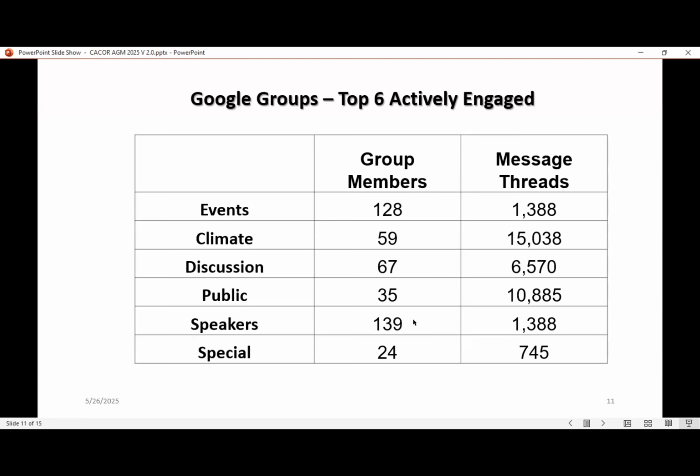It's a complete list of all the speakers that have given a talk to us, and if you notice, there are the same number of threads at 1388 compared to events.